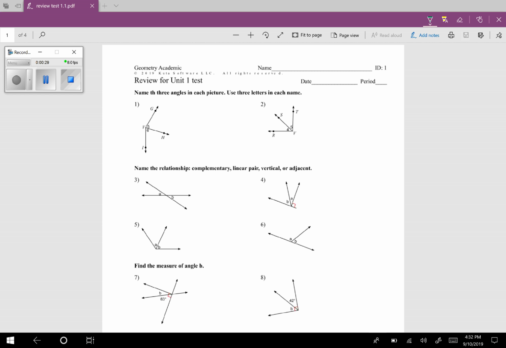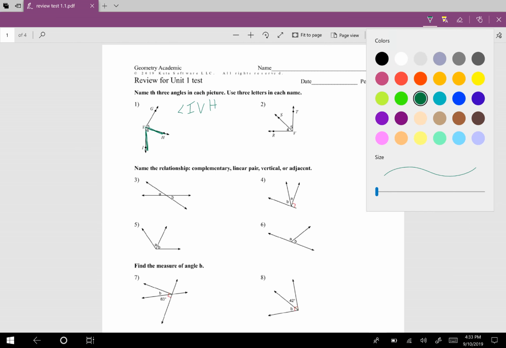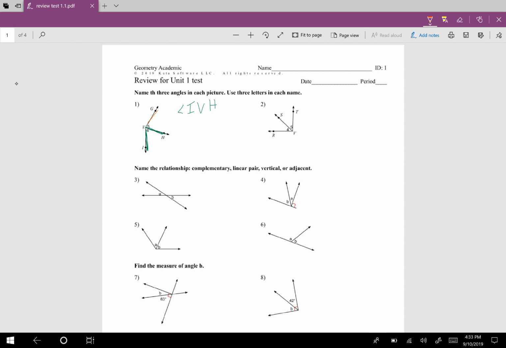So what we're doing right now is the first one. It says name the 3 angles in each picture, and then you have to use 3 letters in each name. So right here there's 3 angles. There's this first one, so we call it IVH, so angle IVH. Then we have another one over here. This one would be angle GVH.